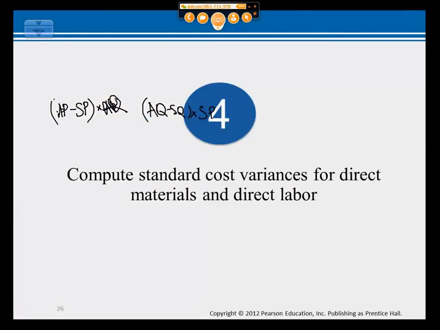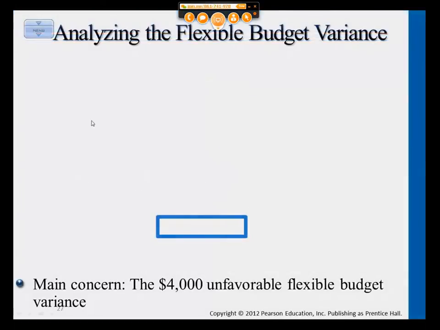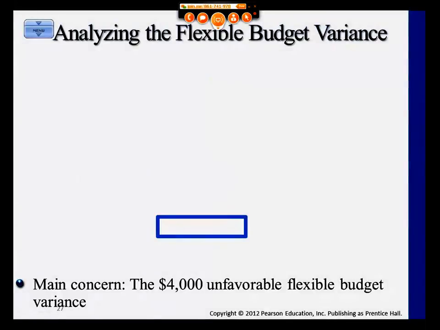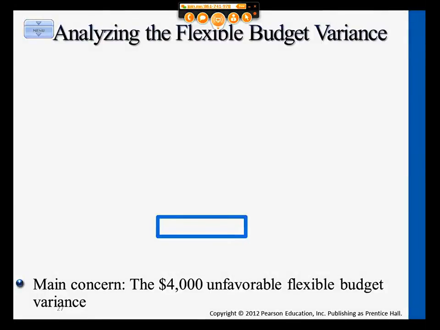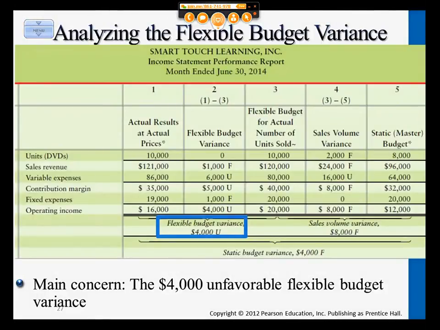All right. So number 4, how do we compute sales standard cost variances for direct materials and direct labor? So let's look at the flexible budget variance here. We have again our income statement for the Smart Touch Learning.